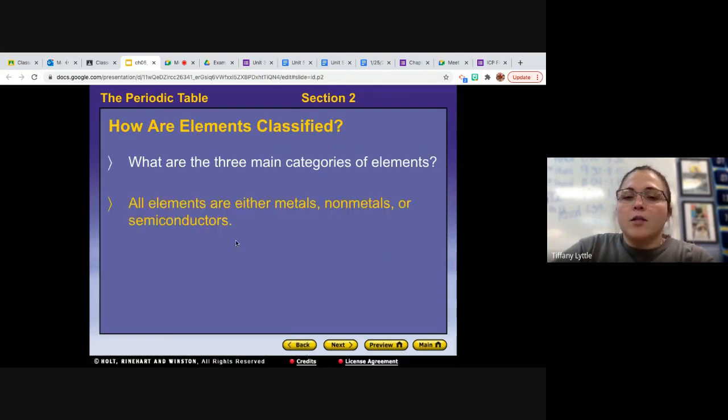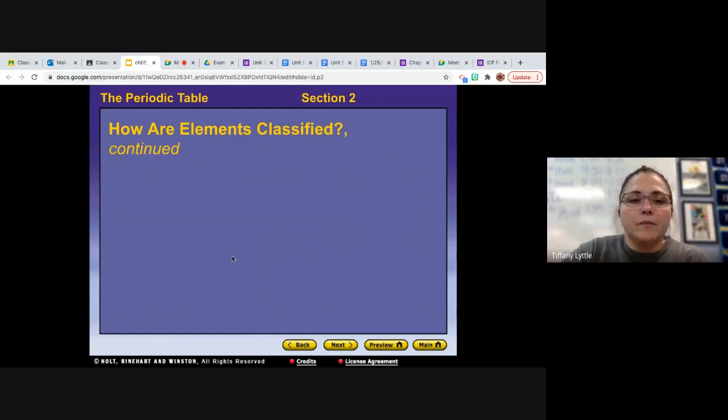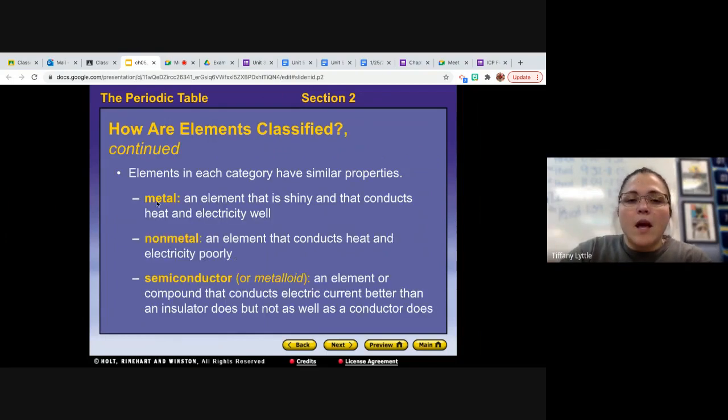So all elements are either classified as metals, nonmetals, or semiconductors. We also call those metalloids, which means that they're kind of in between metals and nonmetals. Elements in each category have similar properties. And so metals are all going to be things that are shiny. They tend to conduct heat and electricity well.